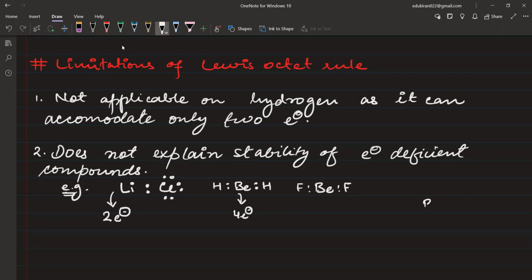Then we have BF3. Obviously fluorines have some lone pair electrons, but we are more concerned about the beryllium, and here about the boron atom. Boron has only 6 electrons in the valence shell right now. So it cannot explain all of these things.